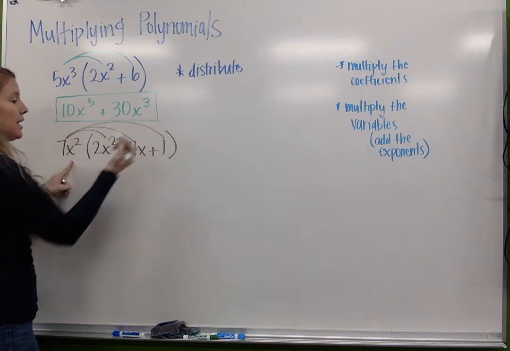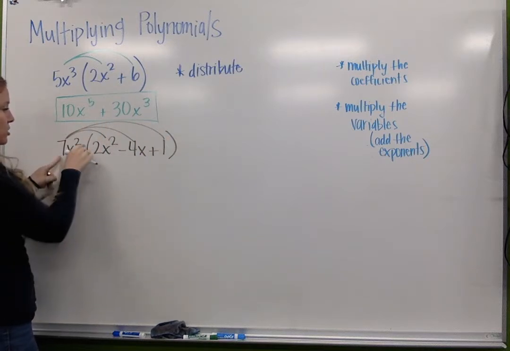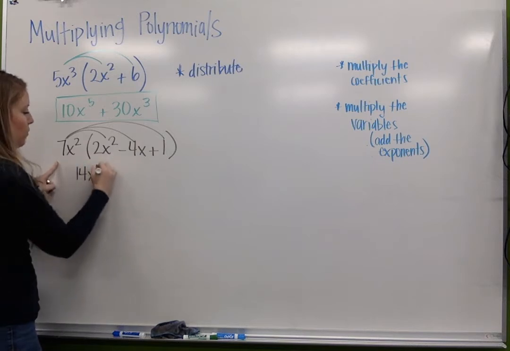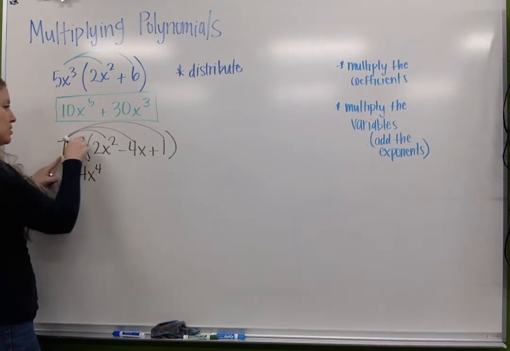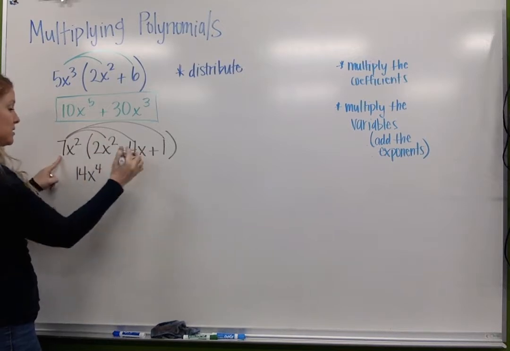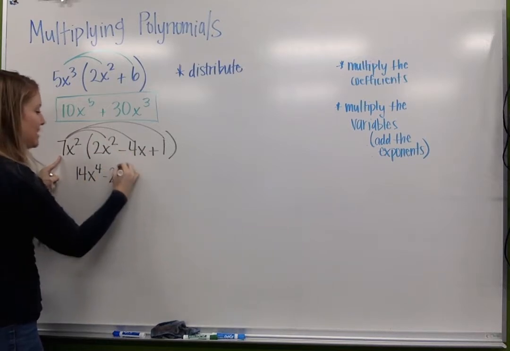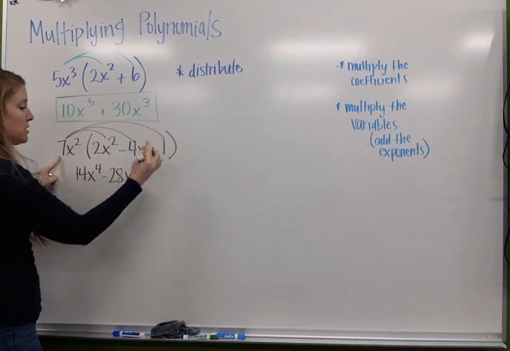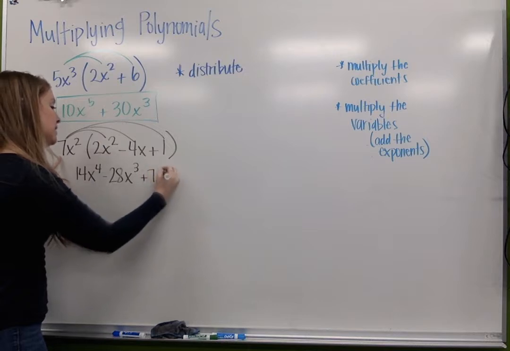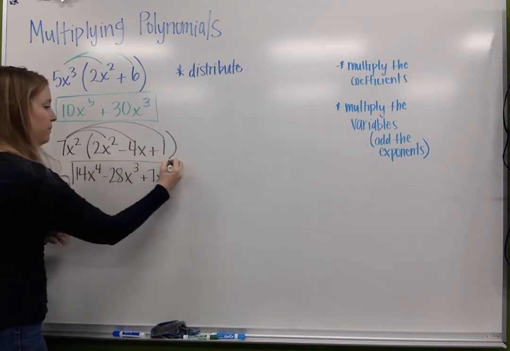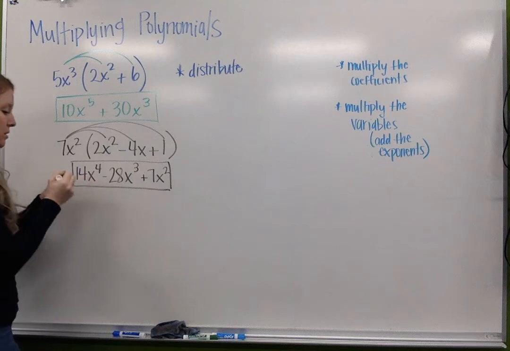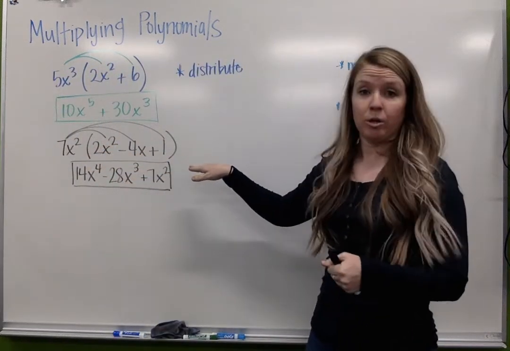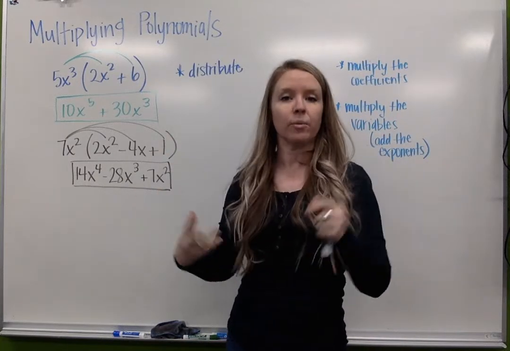So, just like this. 7x squared times 2x squared, that's 14x to the fourth. 7x squared times negative 4x, that's negative 28x cubed. And 7x squared times positive 1 is a positive 7x squared. Awesome. Again, all we're doing is distributing to our trinomial or binomial, whatever we have.